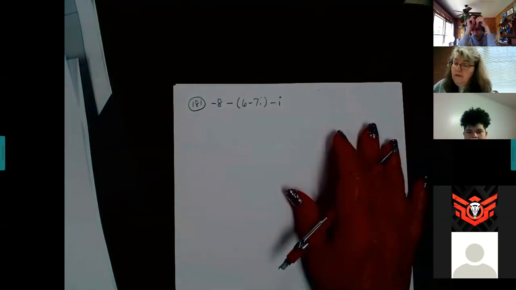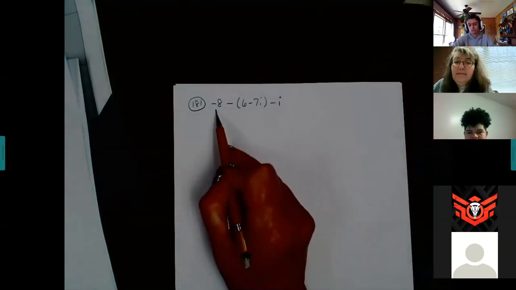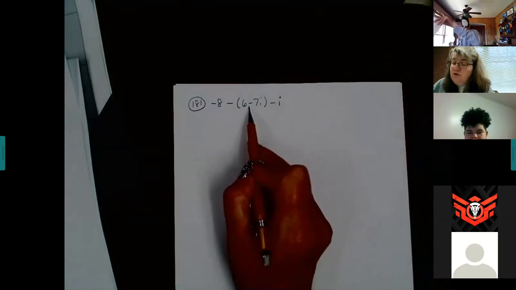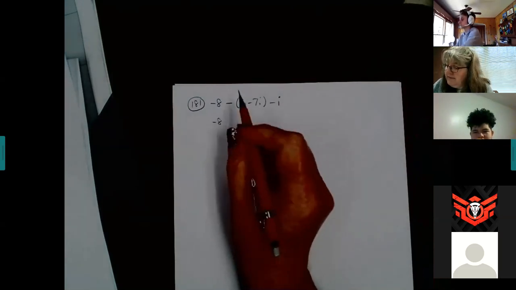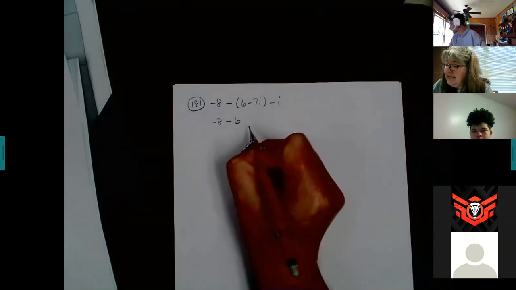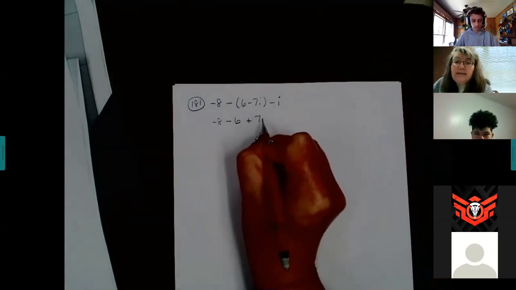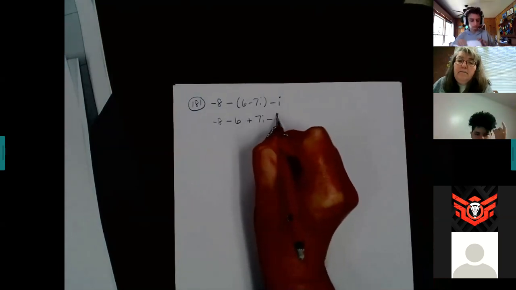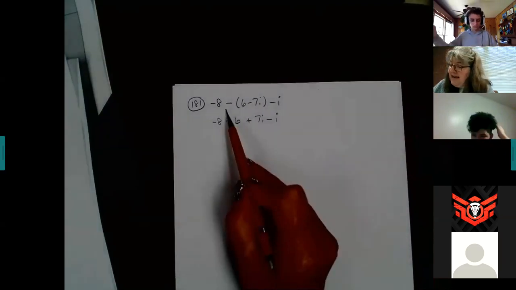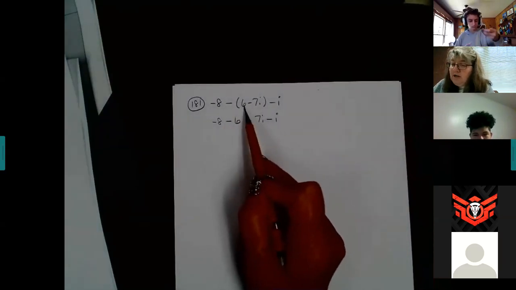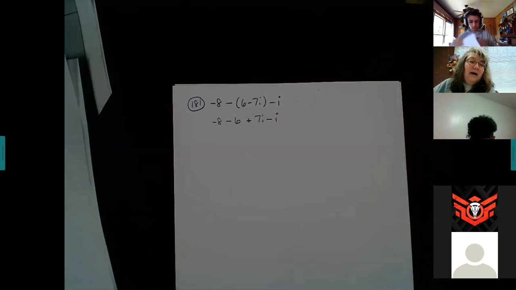Anybody? Keep, change, switch. So it becomes negative 8 minus 6 plus 7i minus i. That negative goes to both of them, not just the 6, it goes to the 7i also.